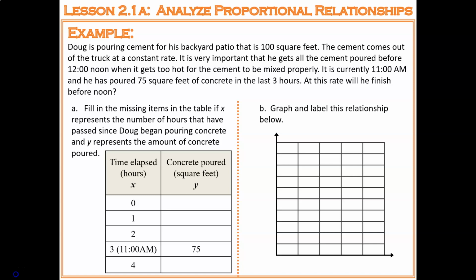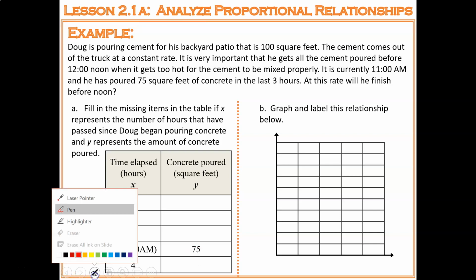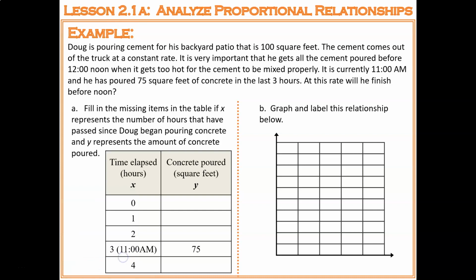So we've got to fill in the table here. Some of it's already filled in. It shows us where he is at 11 a.m., just like the problem said, and we have to fill in the rest of it. When 0 hours have passed, he has not poured any cement, so that's 0. Now we need to figure out our unit rate.